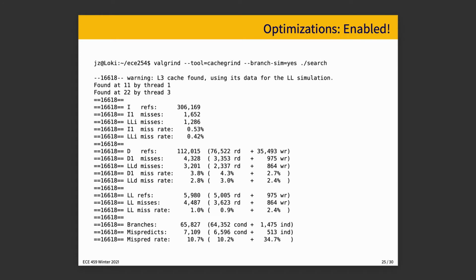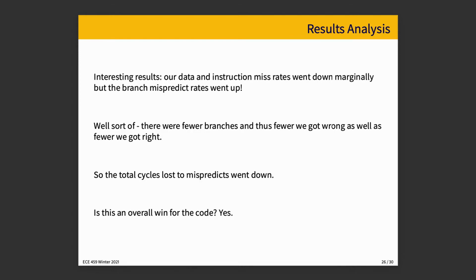That's still beneficial. There were fewer branches, and we got fewer wrong, and also fewer right, but the total number of cycles lost to mispredictions goes down. Our instruction miss rates went down marginally. So the total cycles lost is decreased, and that's really the value that counts.